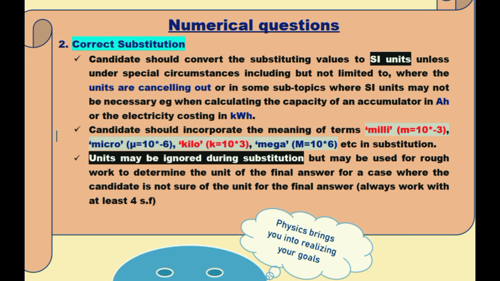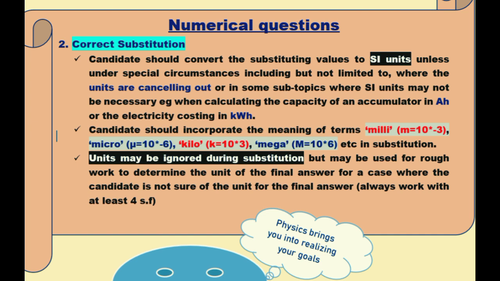For example, capital M, capital N, MN, that means mega Newton. Newton is the unit for force, but M is a number. It's mega. For example, you can say I have 10k shillings.